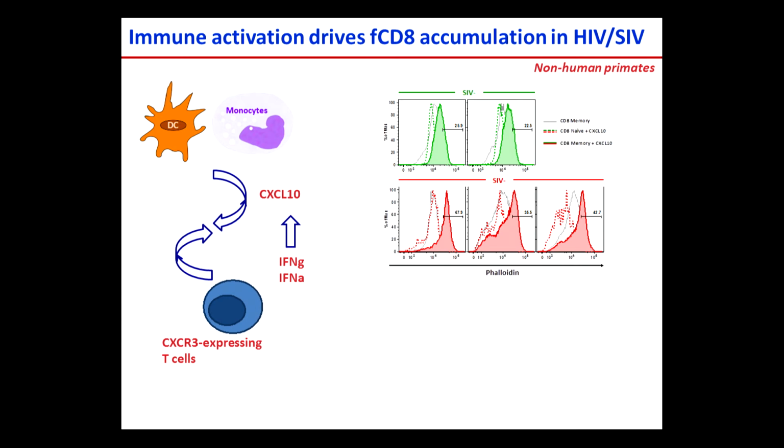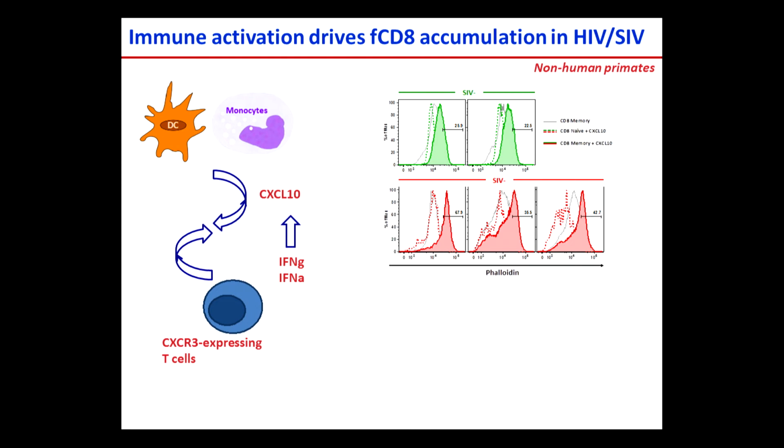You take cells, you label them with phalloidin. If they start to respond by migrating, they have to start to polymerize actin. What phalloidin does is measure that polymerization of actin.